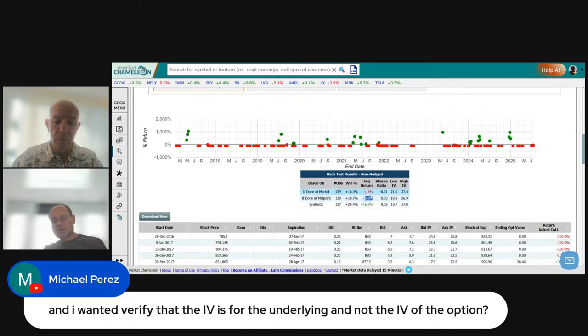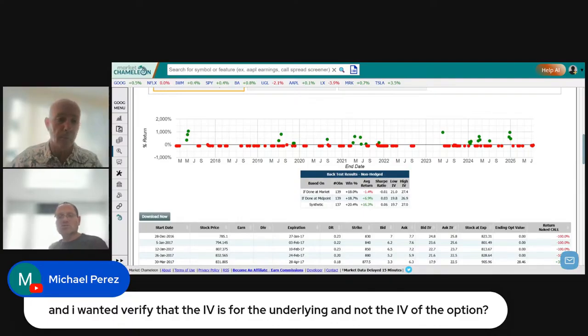Think about that, that's a big difference in your success, from a loss of 1.4% to a profit of 7%. So you could see that the quality of execution is very important when you're trading. You can't just ignore it.